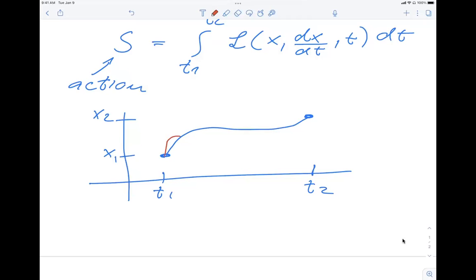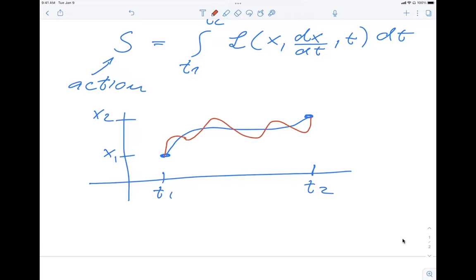Suppose somebody tries to cheat you a little bit and tells you that the red one is the fastest or the best path, and then you want a way to evaluate which one is the path which brings you with the smallest effort to a specific endpoint. And that's why this is also called the principle of least action.